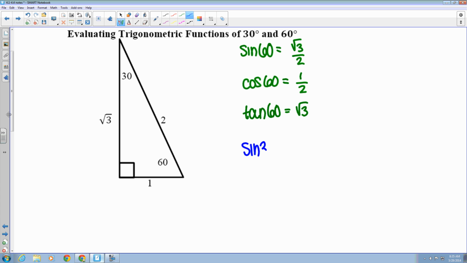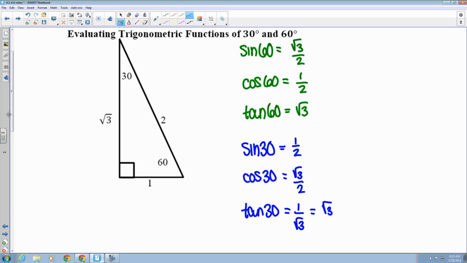We'll do the same thing only with the 30-degree angle now. Sine of 30 is 1/2. Cosine of 30 is the square root of 3 over 2. And tangent of 30 is 1 over the square root of 3, which we can't leave that way. It turns into the square root of 3 over 3.